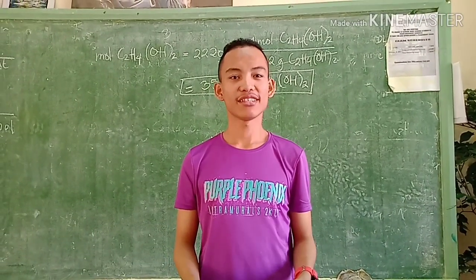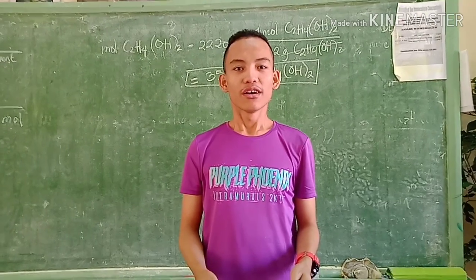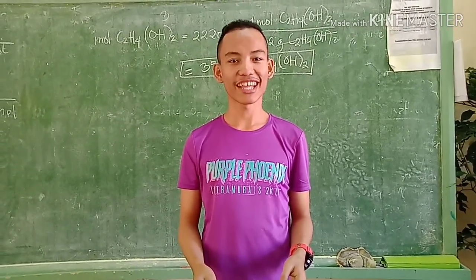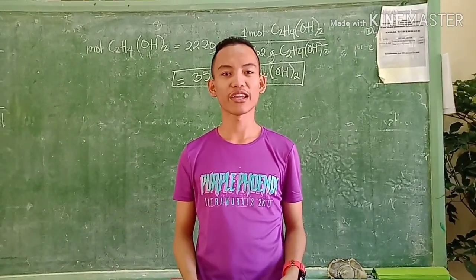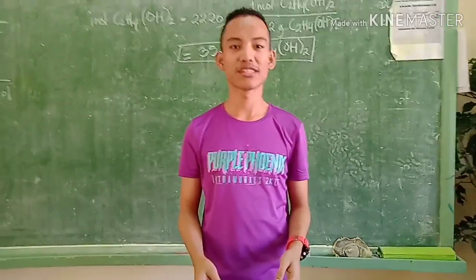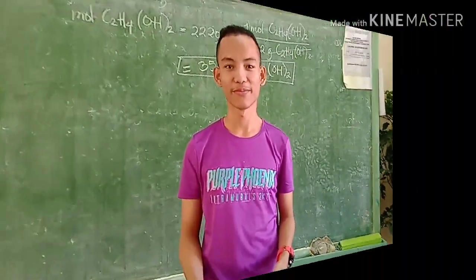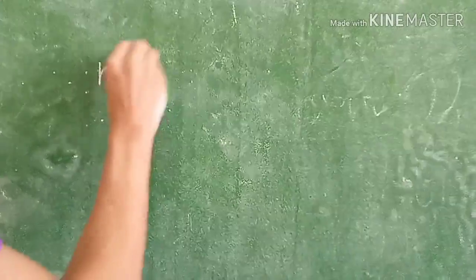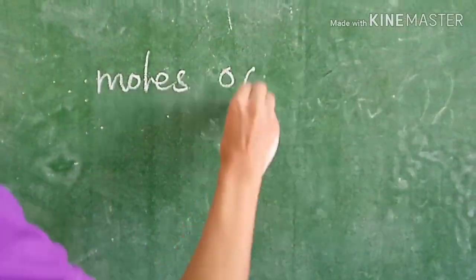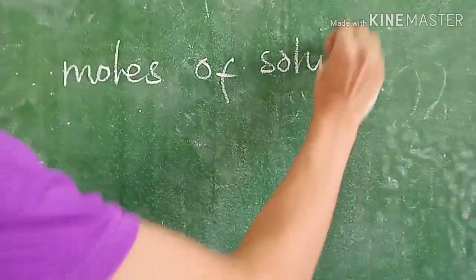So guys, since we've already found the mole fraction of the ethylene glycol, we need to find the next one, which is the molality of ethylene glycol. To find the molality, we need to know the moles of solute and the mass of solvent.